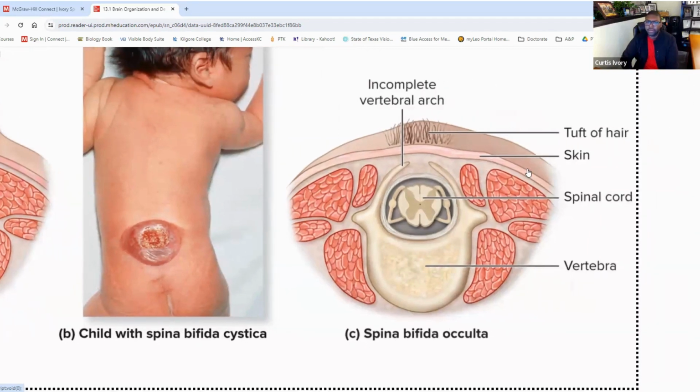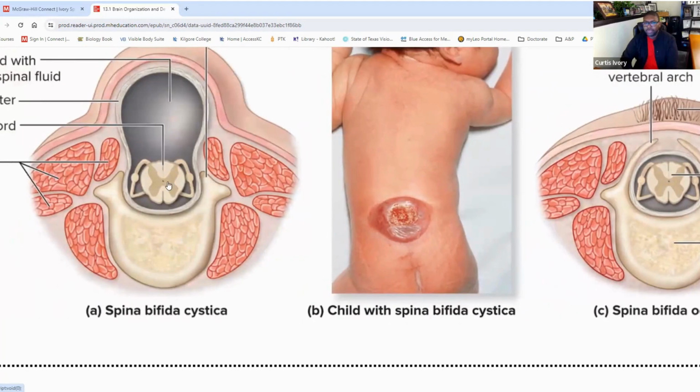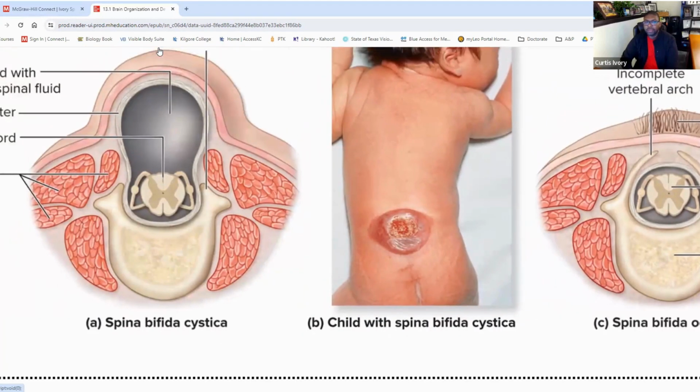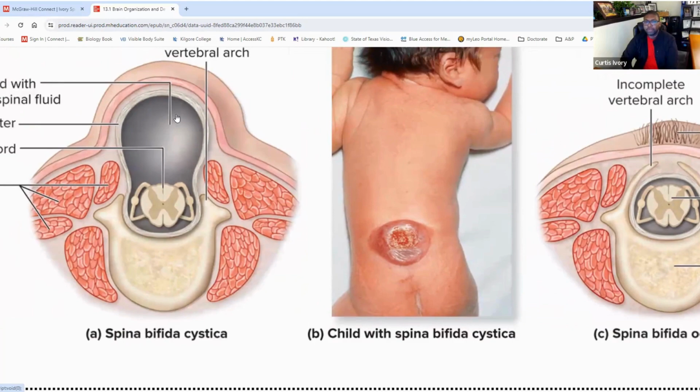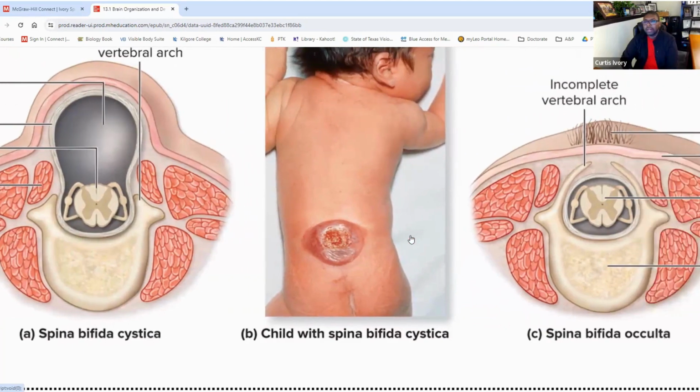Typically, a telltale sign that a person or a child has this is that in their lower back, in the lumbar region, they'll have a little patch of hair right above the portion where spina bifida is occurring. This one we have a little more protection, but this one we don't have any, and so essentially you can pop this. This is a big bump, and you can pop it, and it ends up like this.